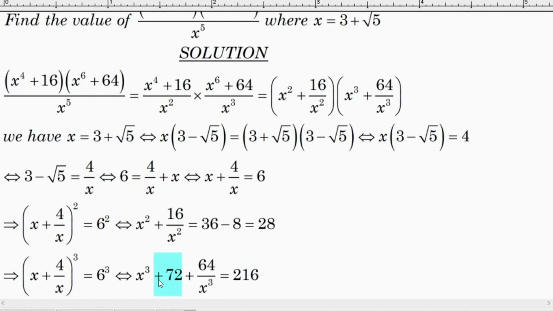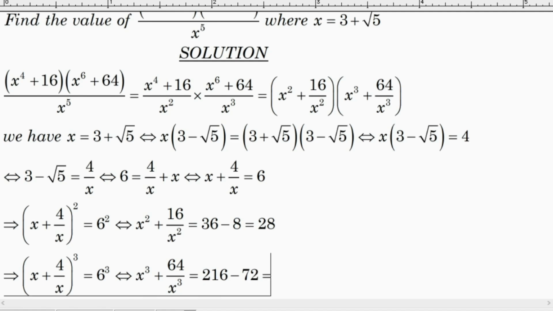It will be turned to minus sign. Okay, so 216 minus 72 equal to 144. Finally, we have found the answer for x squared plus 16 divided by x squared, and then x cubed plus 64 divided by x cubed.